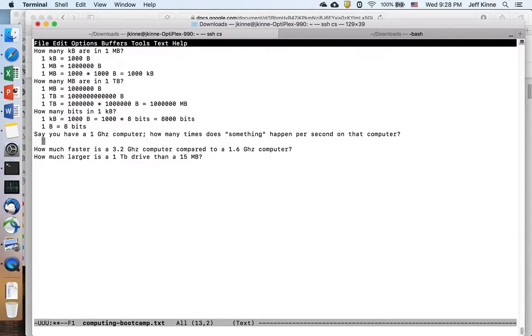Okay, and this, I think I already told you, 1 gigahertz is a billion. So something is happening 1 billion times per second. All right, this one here, we could say 3.2 gigahertz. Let's substitute instead of a giga, that's a billion.